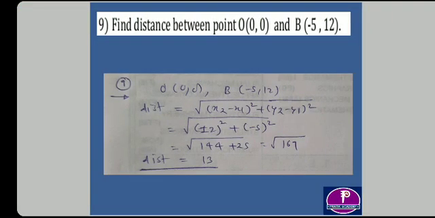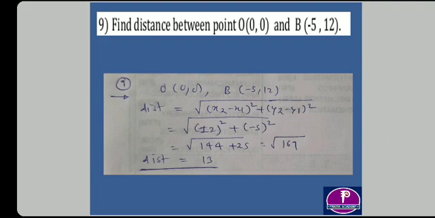Then find the distance between the origin (0, 0) and B (-5, 12). Use the simple formula for distance from origin, and you can also directly use the distance formula, that is root (x2 minus x1) bracket square plus (y2 minus y1) bracket square.